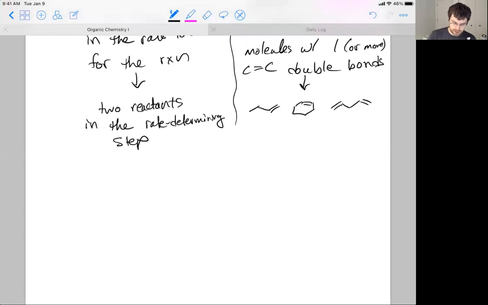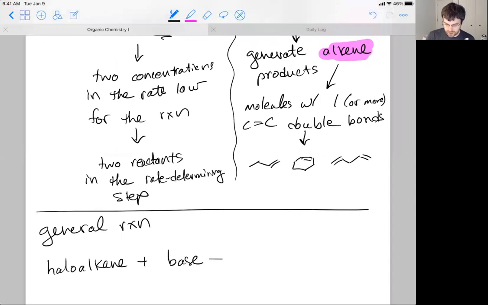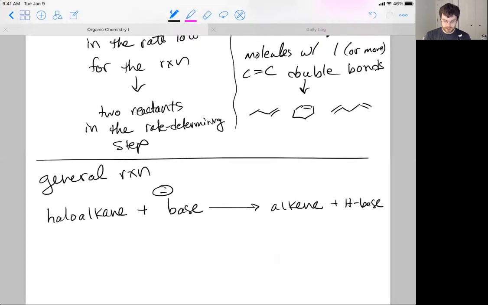Now, the general reaction is as follows. We take a haloalkane and add it to a base to generate an alkene plus H base. What I usually do is put a negative on the base. So this is the general reaction, and I hope you see that it looks a lot like the SN2 reaction.